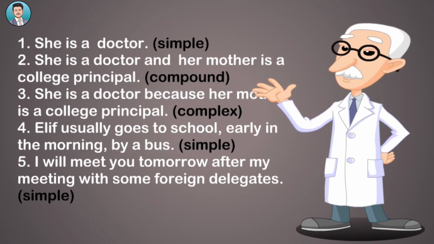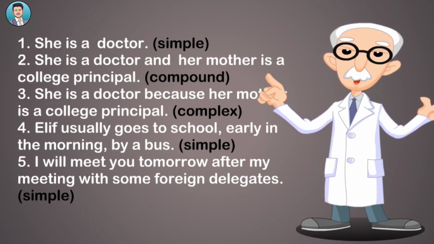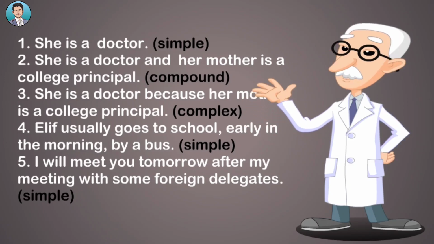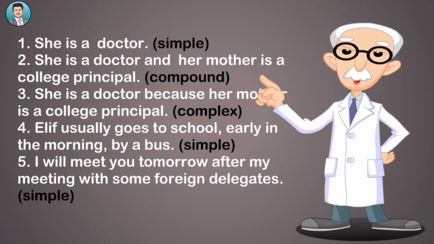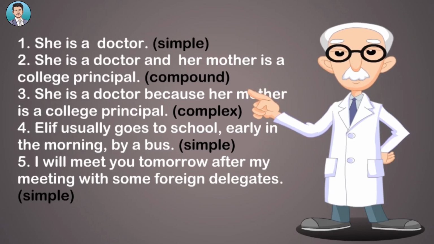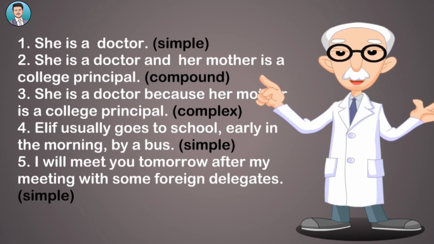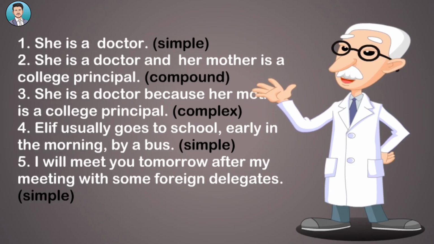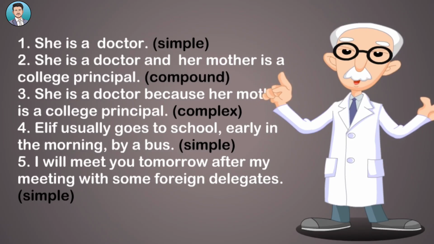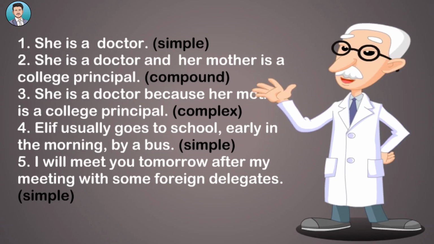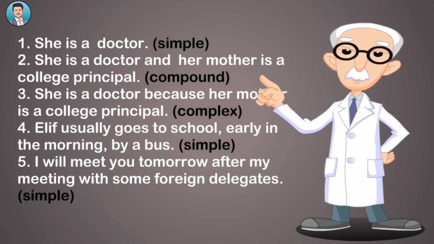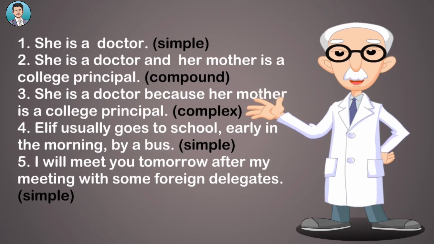So now, making it simple: if there is only one subject and one predicate, or one clause, the sentence is simple. And if there are two or more clauses in a single sentence, then we have to see whether all the clauses are main clauses or there are some subordinate clauses as well.